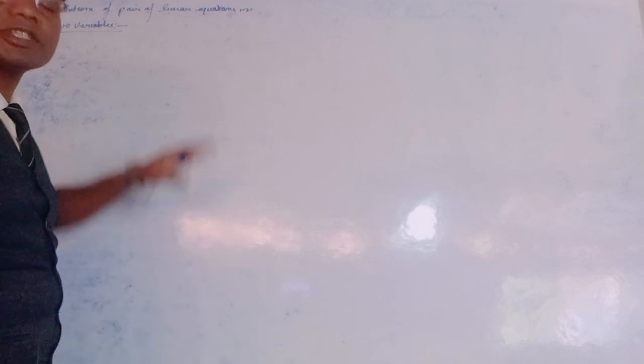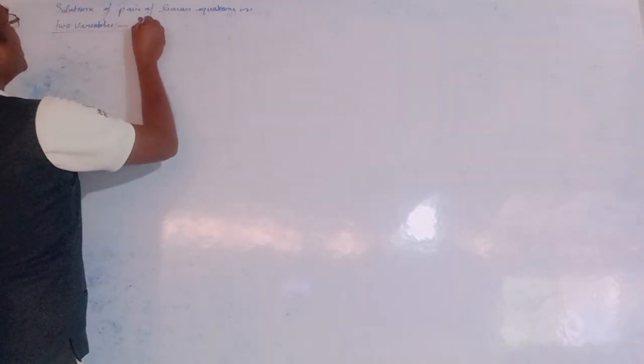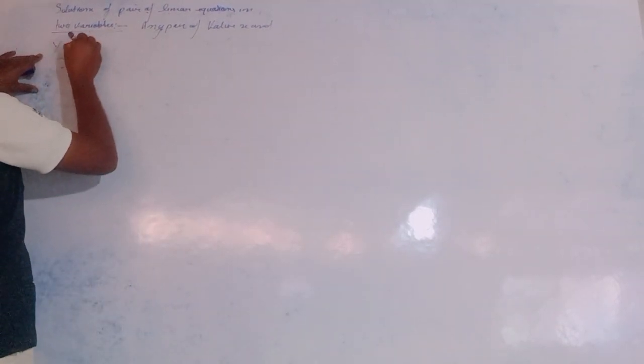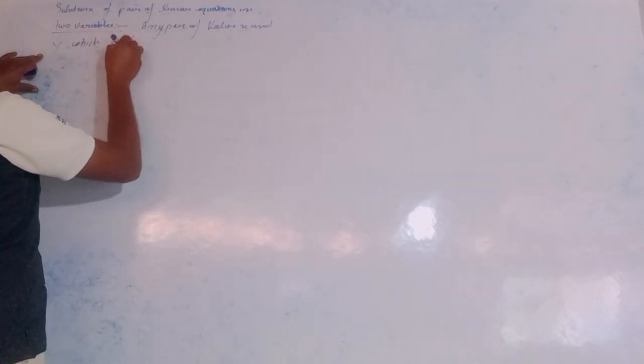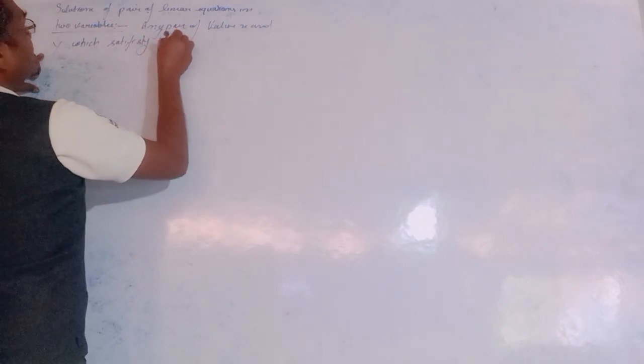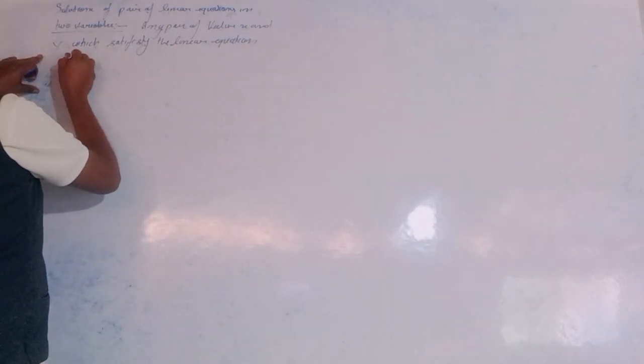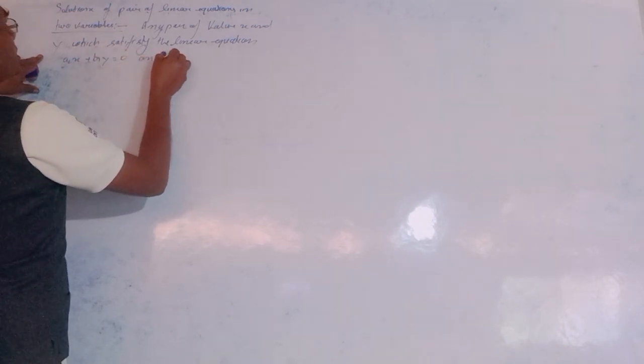Solution of a pair of linear equations in two variables. Let's start: any pair of values x and y which satisfy the linear equations a1x plus b1y is equal to 0 and a2x plus b2y is equal to 0.